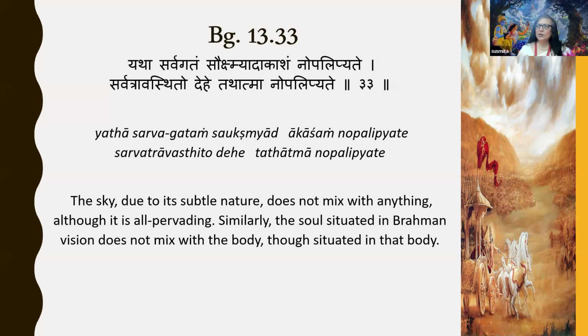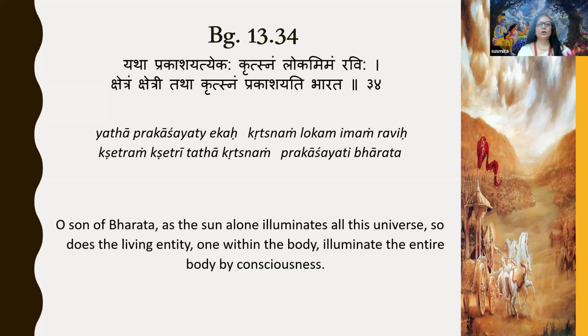But when someone gets self-realized, it is like the pulp getting separated from the husk. So the person with realization sees that the soul situated in Brahma vision does not mix with the body. It understands the soul is different and the body is different, right? So we go to the next shlok.